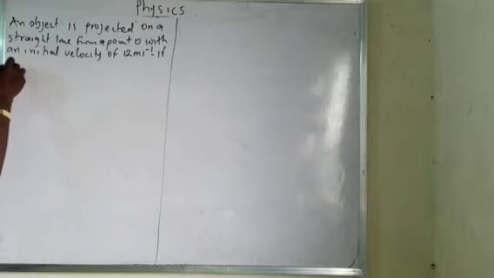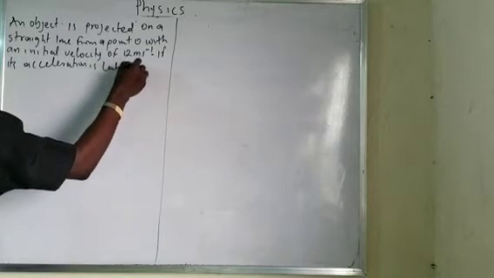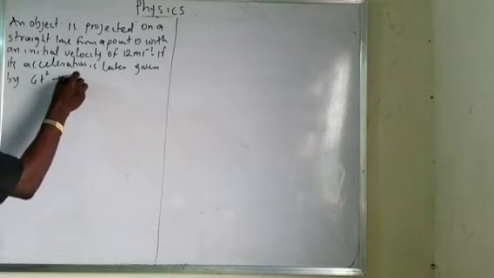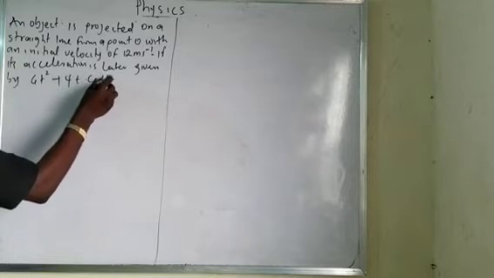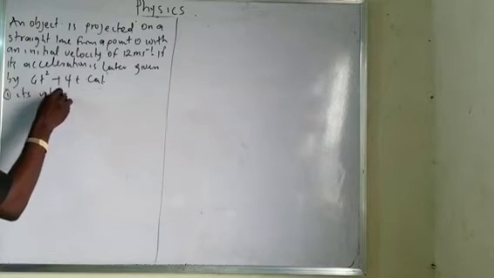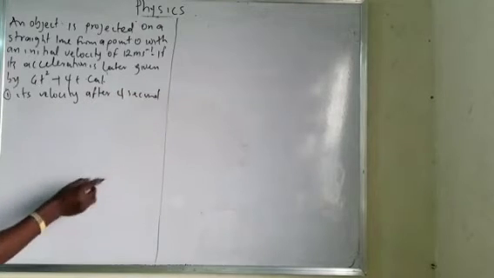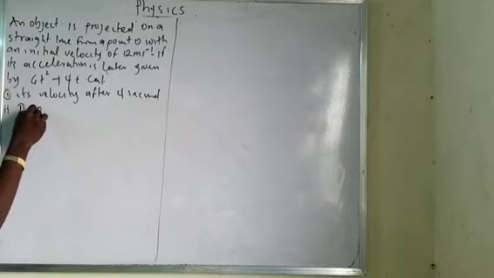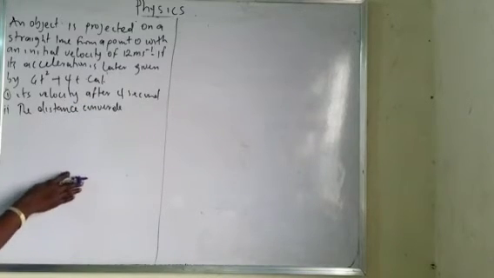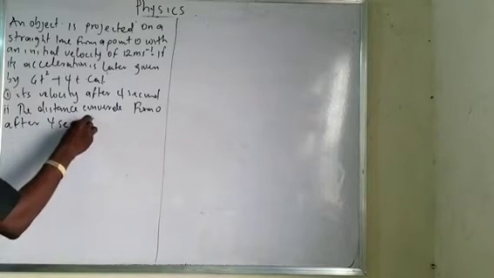If its acceleration is later given by 6t squared plus 4t, calculate A, its velocity after 4 seconds, and B, the distance covered from 0 after 4 seconds.